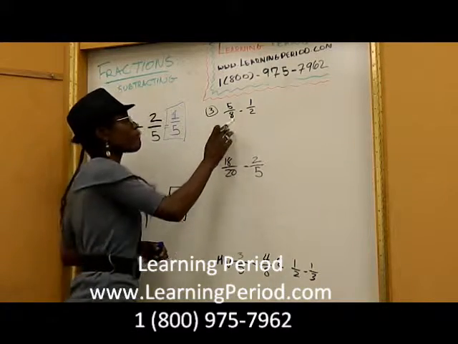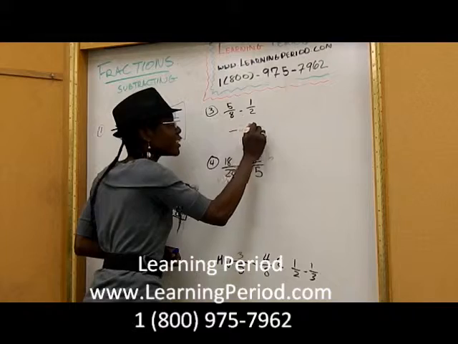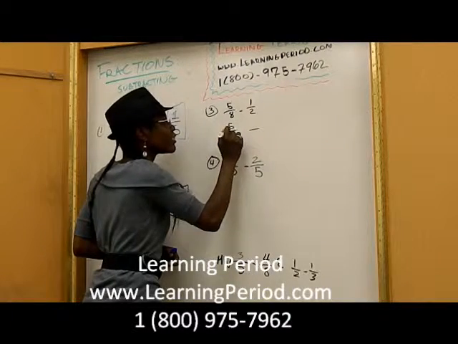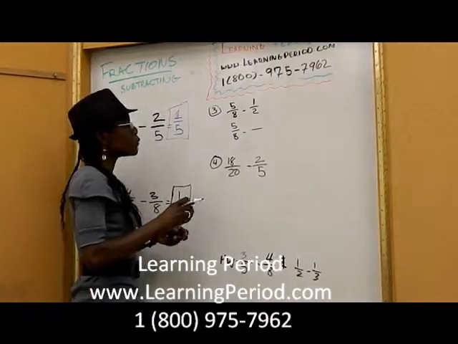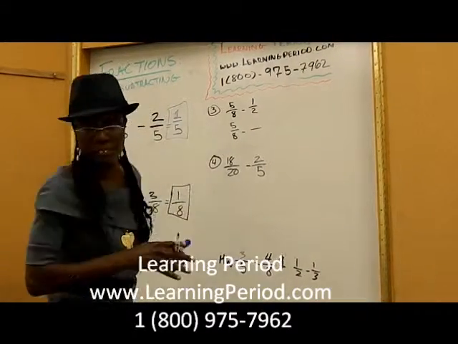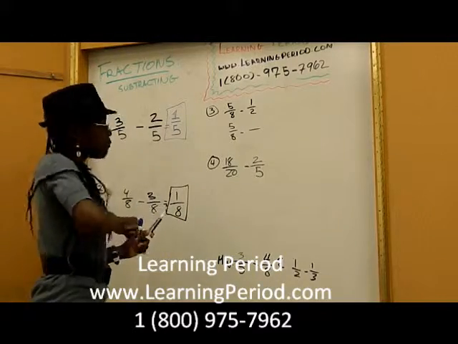Common denominator from 8 and 2 is 8. Since it's 8, we can keep the same. And how do we get from 2 to 8? We have to multiply by 4.